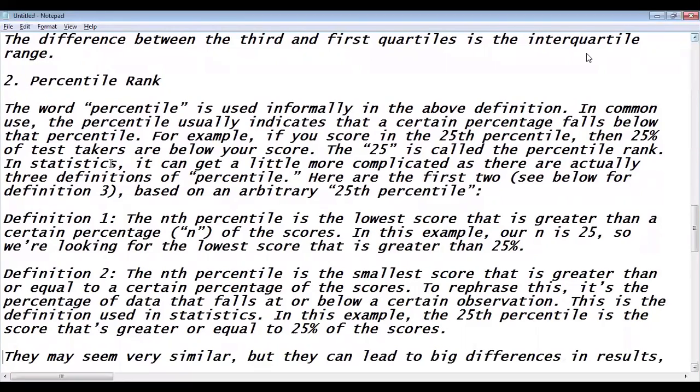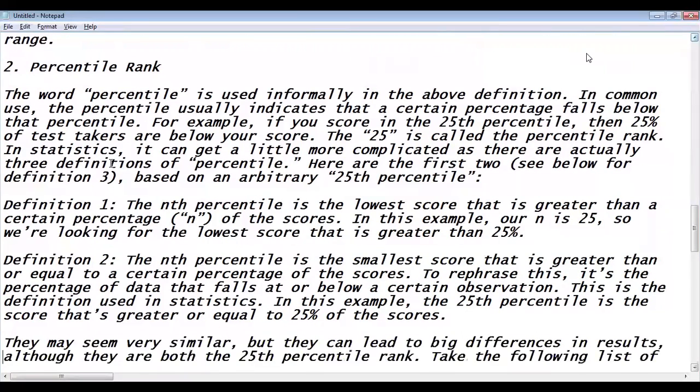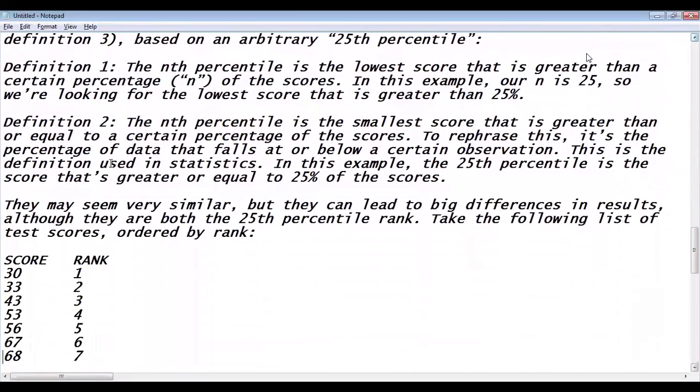The first definition is just greater than the lowest score, but the second definition is greater than or equal to the lowest score. They may seem very similar, but they can lead to big differences in results when the data is very small. So we will see one example now.